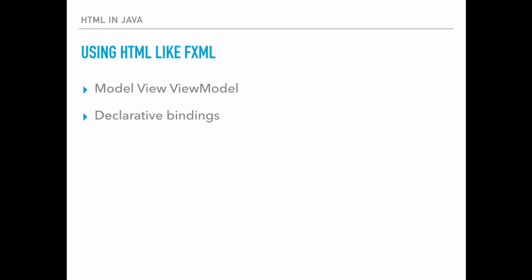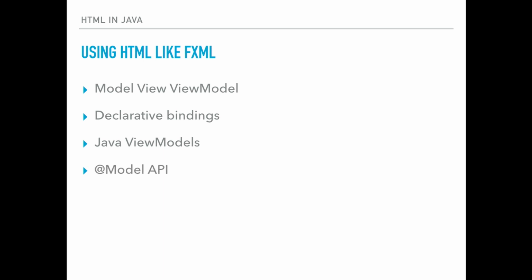And we're using that. So what we're doing is we're doing no JavaScript code at all, but we're doing completely declarative bindings there. And we bind the HTML elements inside of your WebView or your JxBrowser or whatever to view models which are written in Java.